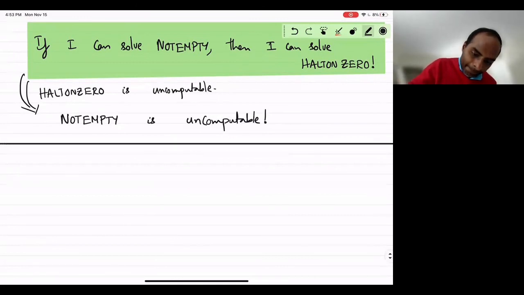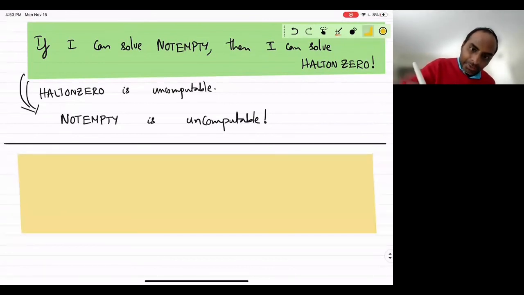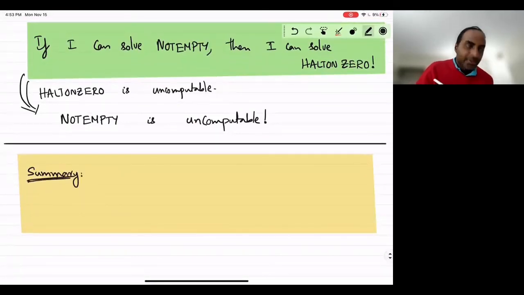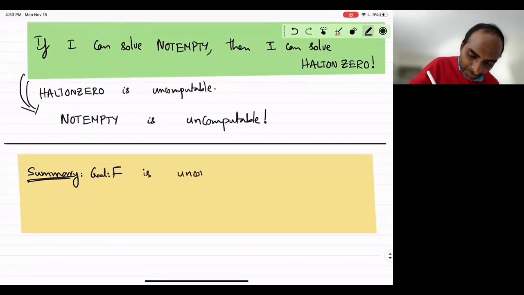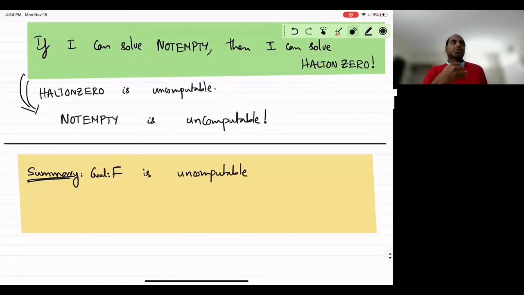So in summary, suppose my goal is to show that F is uncomputable. I'm trying to show that some problem, like let's say not empty, is uncomputable.